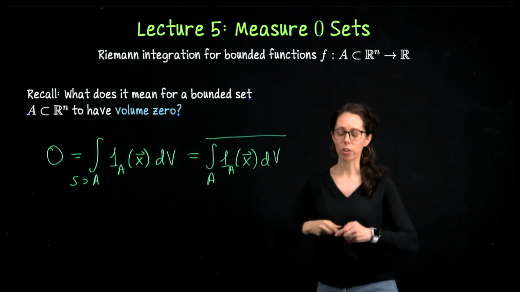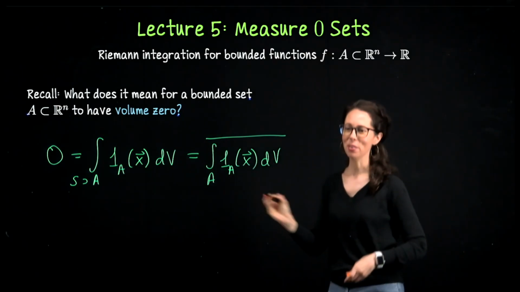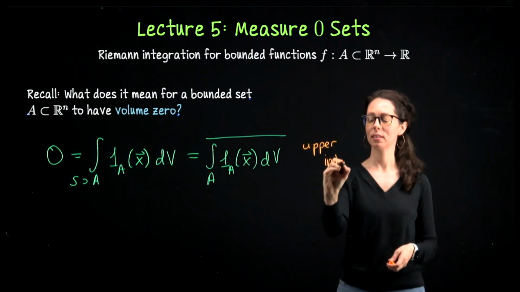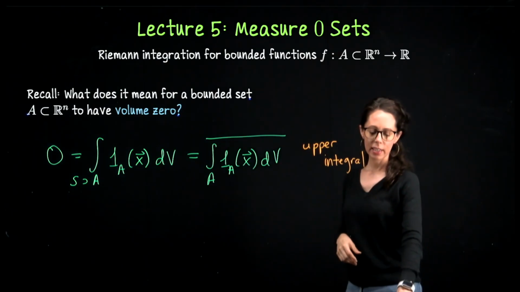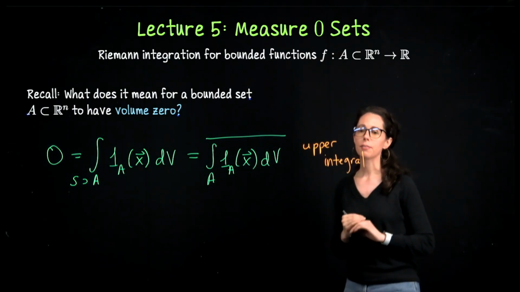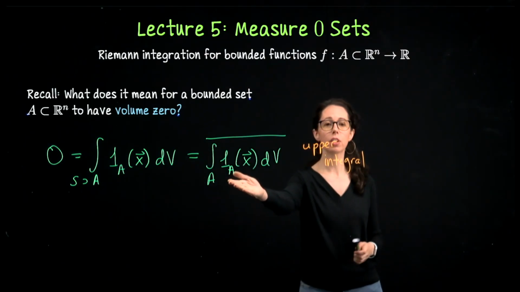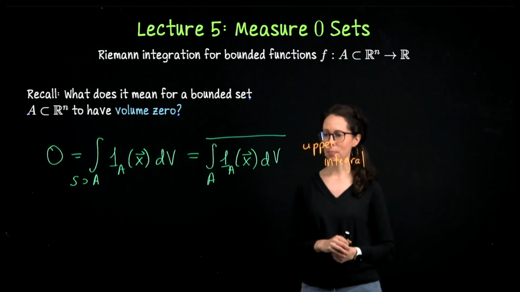So this is the upper integral. The upper integral is the infimum of the set of all possible upper sums of this characteristic function with respect to all possible partitions, as we've talked about now a couple of times.